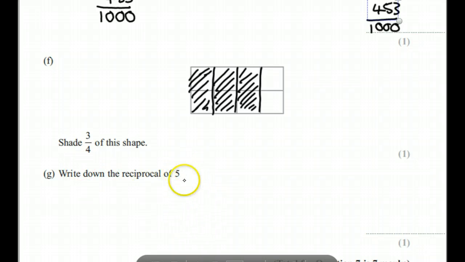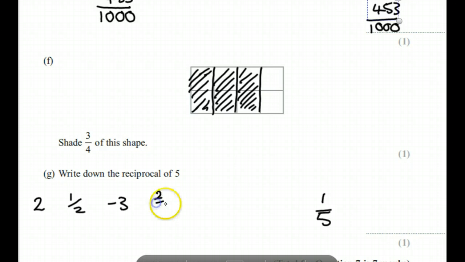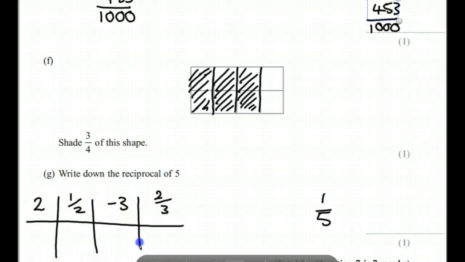And finally, the reciprocal of 5 is 1 over 5. Just to give you a few examples, if we take 2, a half, -3, 2/3, the reciprocals of these are right below.